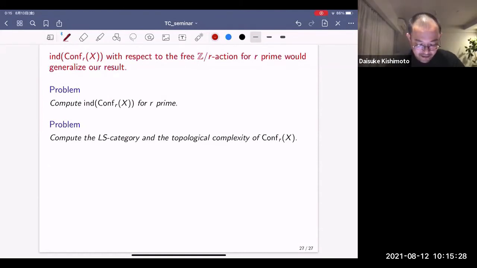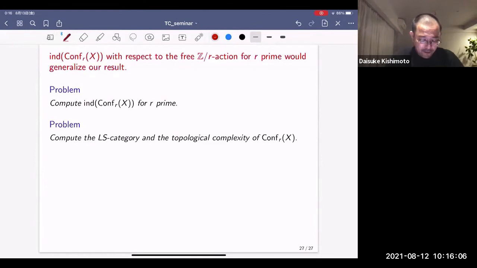The second one is this. Of course, the index of Conf_r X is bounded by its LS category, and the LS category of Conf_r X is of independent interest, I think. So the second problem is to compute its LS category. And if you can compute the LS category, it's natural to think about the TC, so you can also compute the topological complexity of the discretized configuration space.